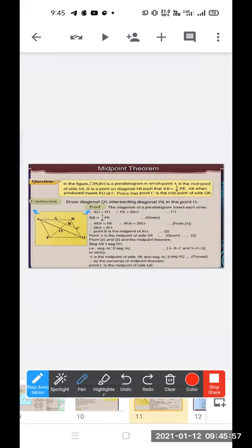We know that diagonals of a parallelogram bisect each other.